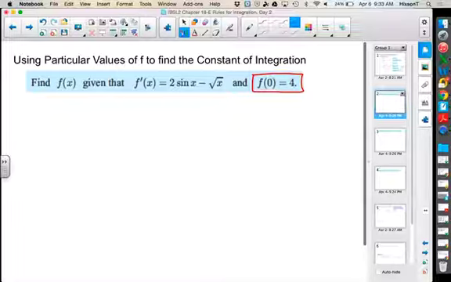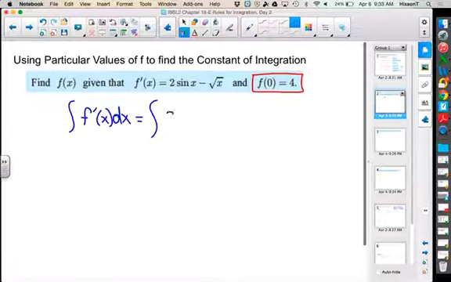If I have the integral of f prime of x, I have the integral of 2 sine of x minus the square root of x dx.